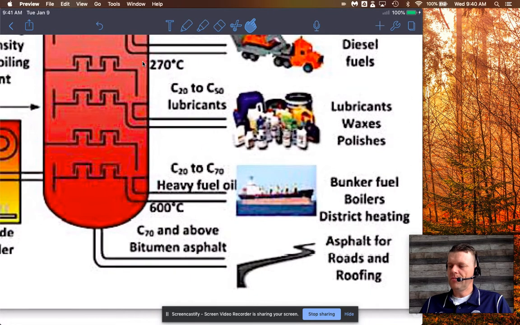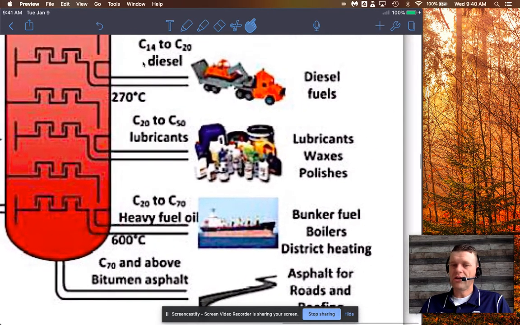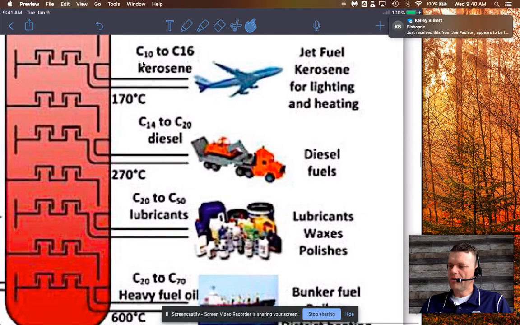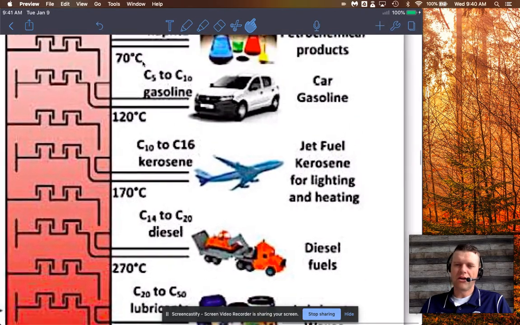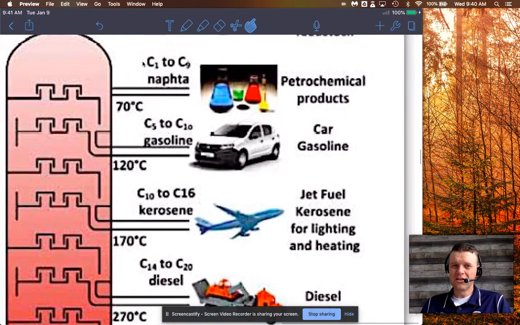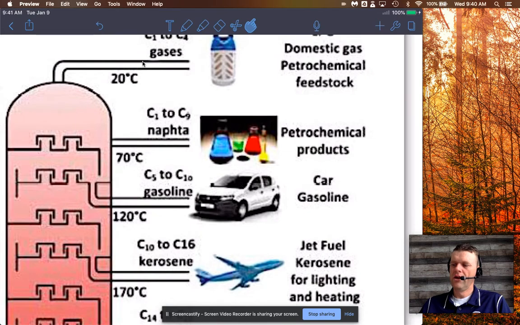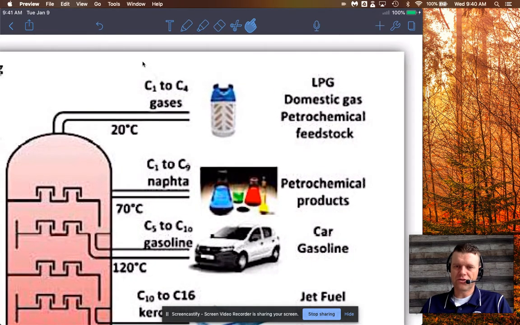And then you can see as you get lighter and lighter, you get more refined gasoline products. So look at that. We go from lubricants to diesel to kerosene, jet fuel, gasoline, all the petroleum products, all the plastics come from this stuff here in this top level. And then way at the top here, we get natural gas and other products.